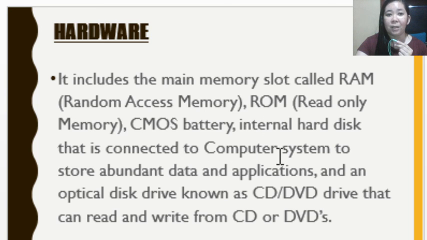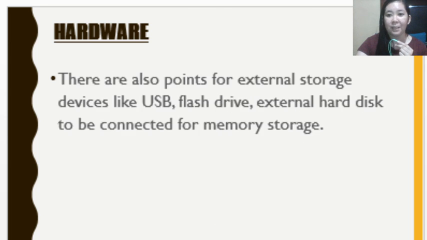It also has an internal hard disk that is connected to the computer to store abundant data and applications, and optical disk drives, known as CD or DVD drives, that can read and write disks for editing and saving files and documents.